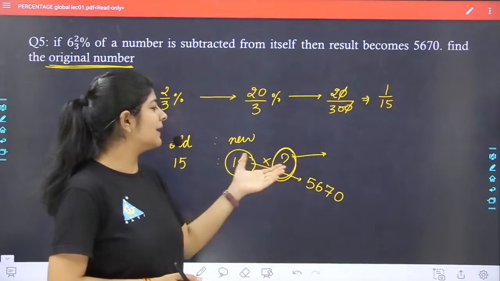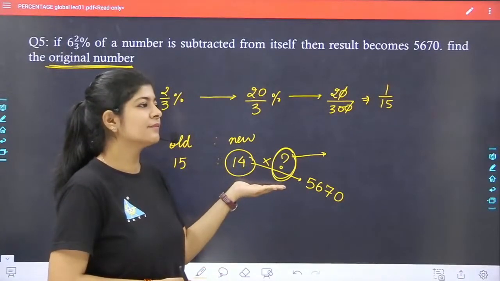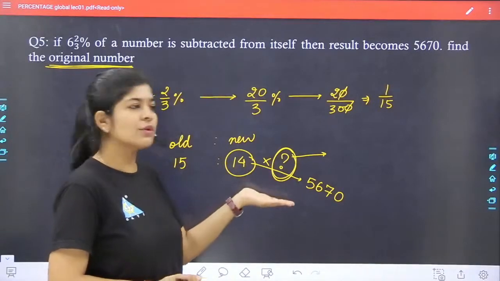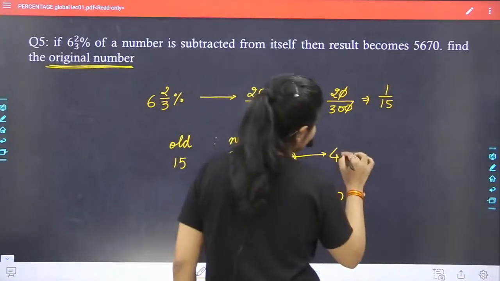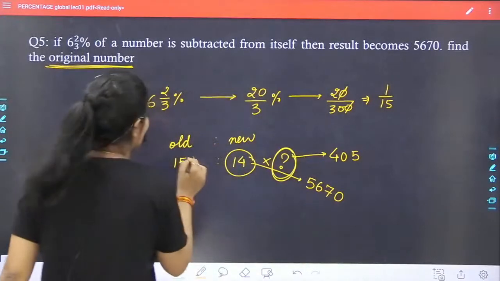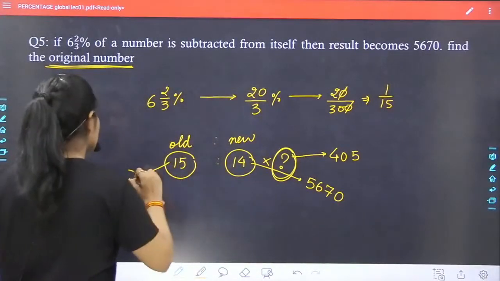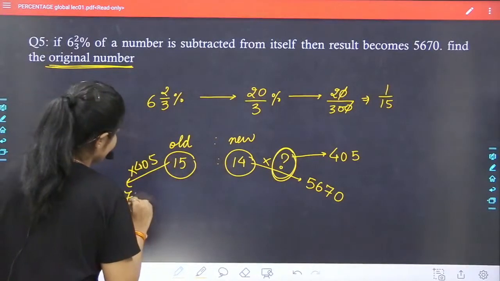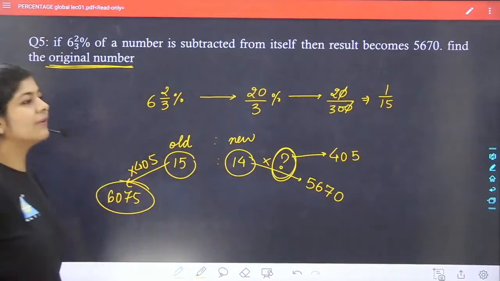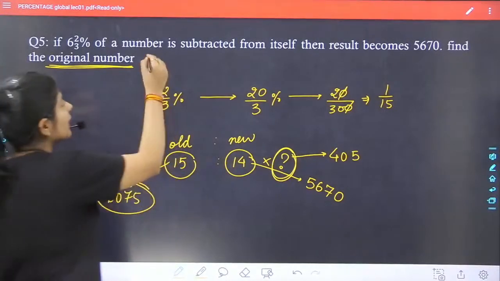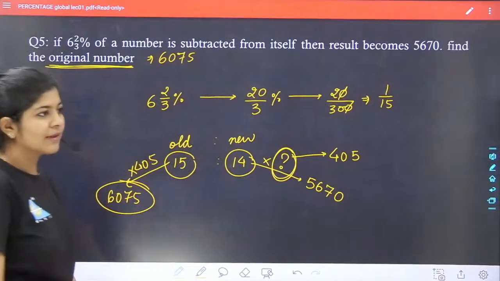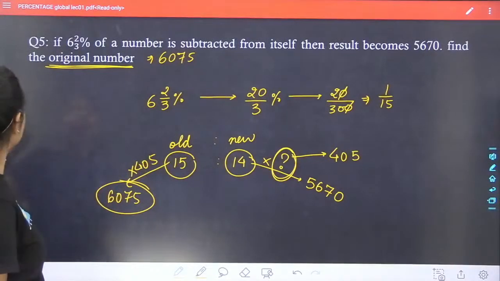It is a multiple of 405. Very good. So what do I have to do? I have to multiply this number by 405 and we will get 6075 as our answer. Right? Okay. Next.